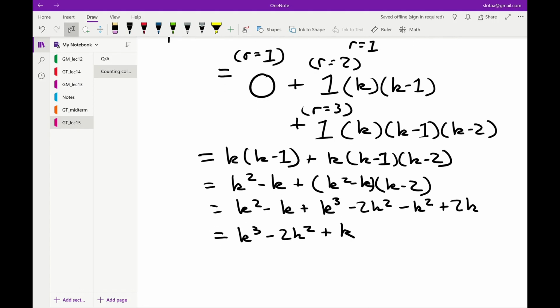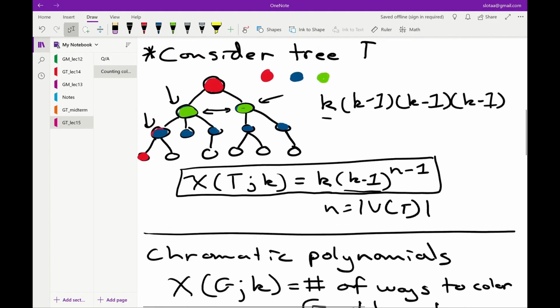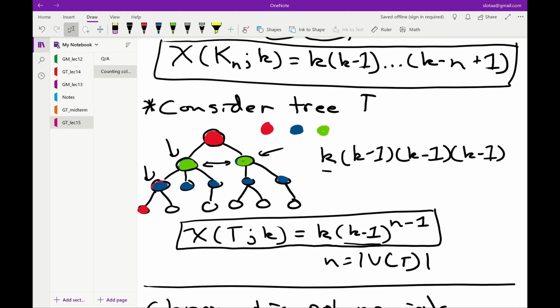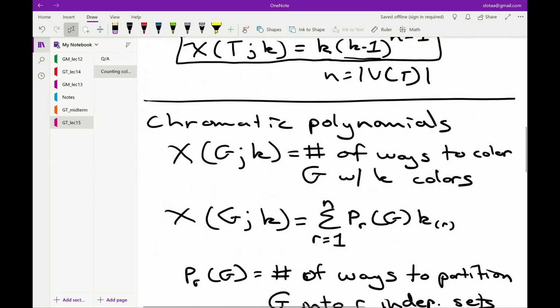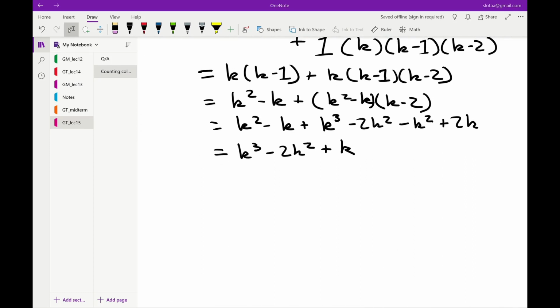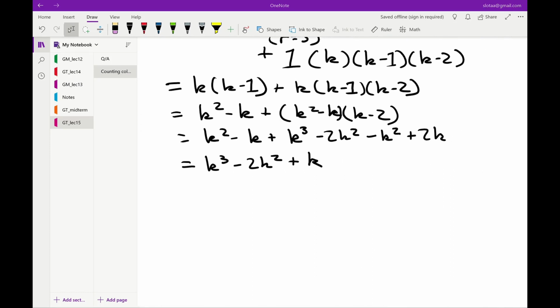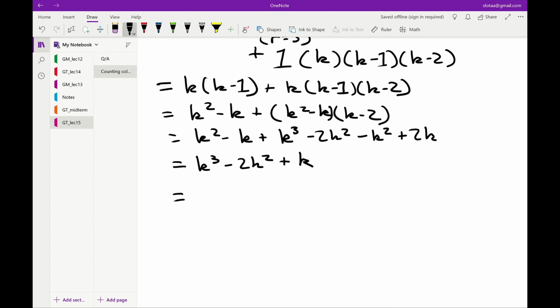And so if you recall from what we had with the tree specifically, so where was that? All the way up here. k times (k minus 1) up to the n minus 1. So what we would expect is this in fact equal to what we have before, k times (k minus 1) times (k minus 1).